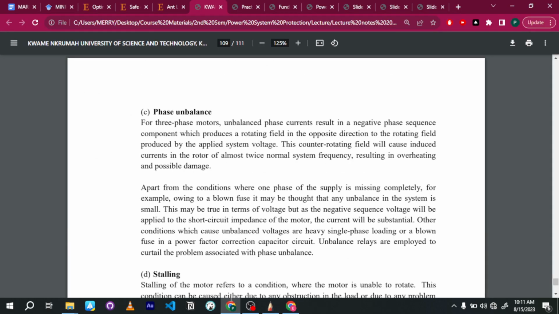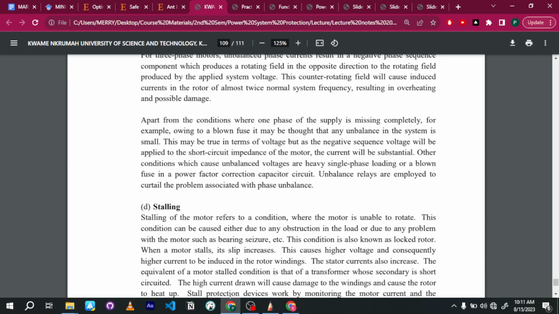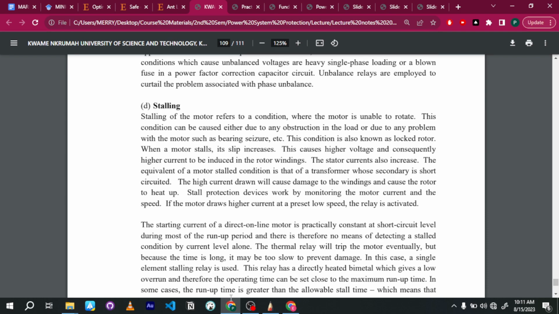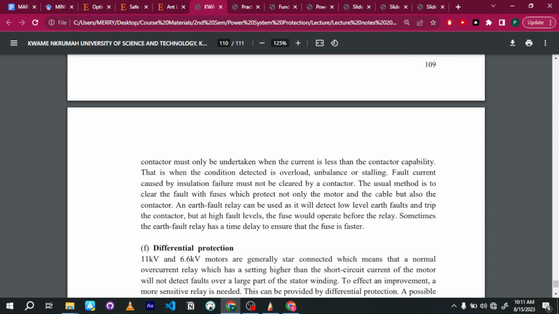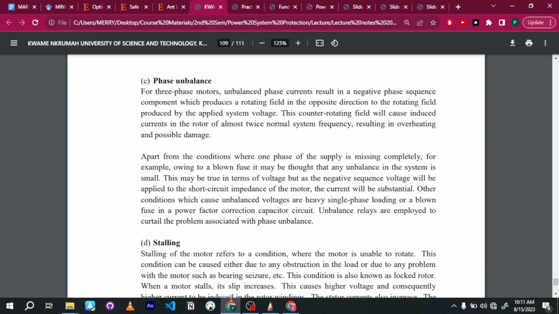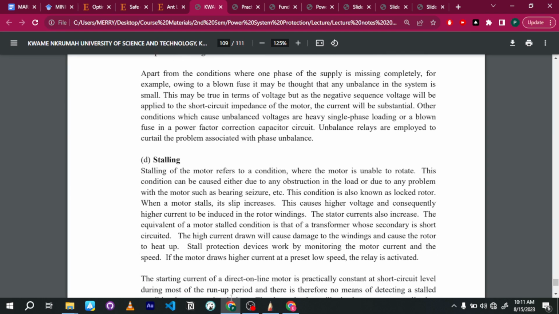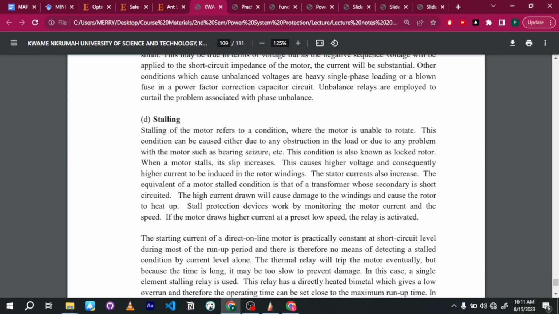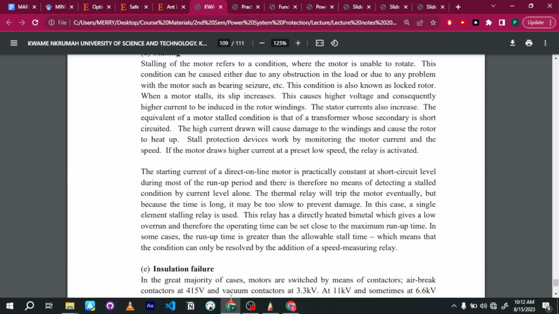For phase imbalance, you use unbalanced relays. With phase unbalance, you have one phase higher than the other, or one phase totally off while the other phases are on. So use unbalanced relays. For stalling, which refers to a condition where the motor is unable to operate, use the thermal relay.